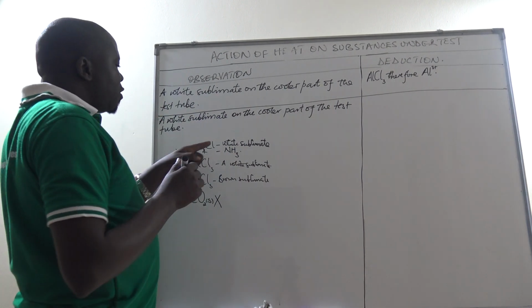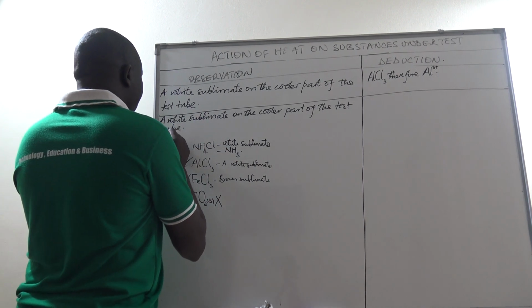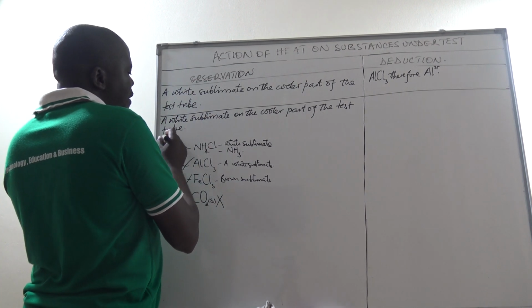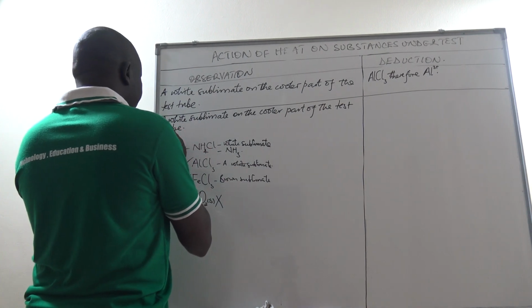And remember that we also have ammonia gas produced at the same time. So if we cannot connect it here, then we can also put the ammonia gas in its own line here within the same box.